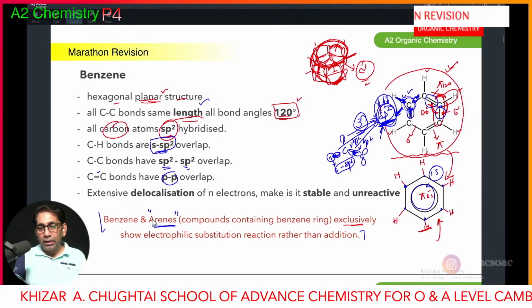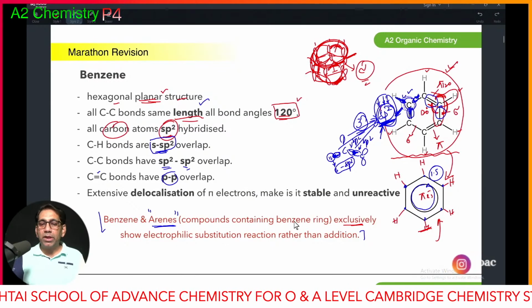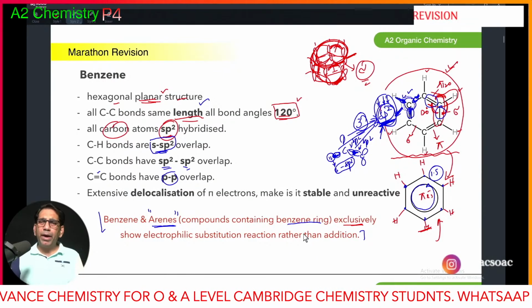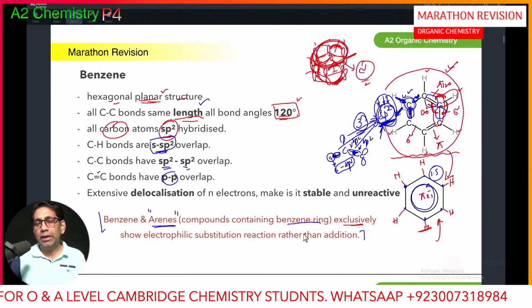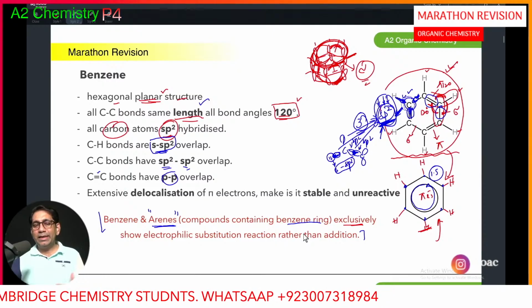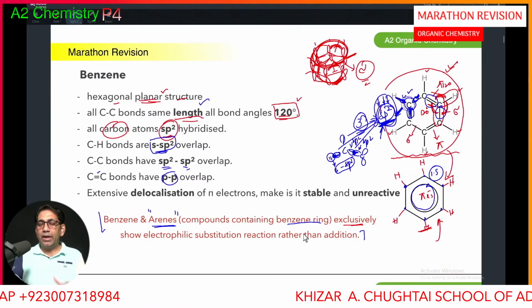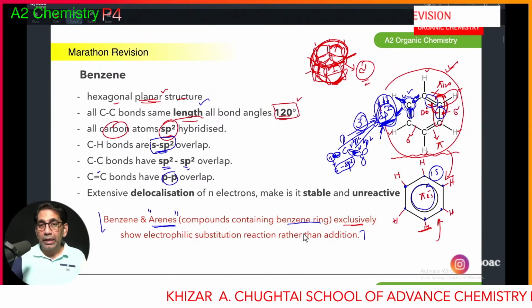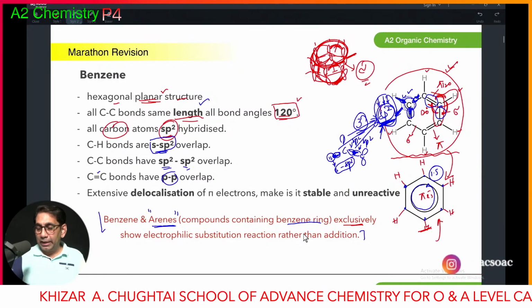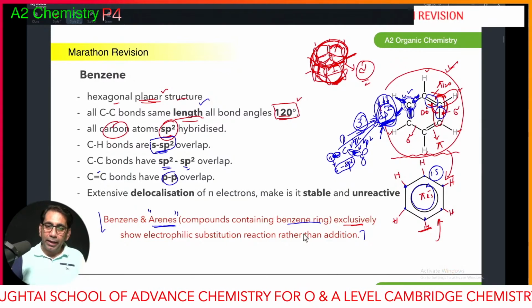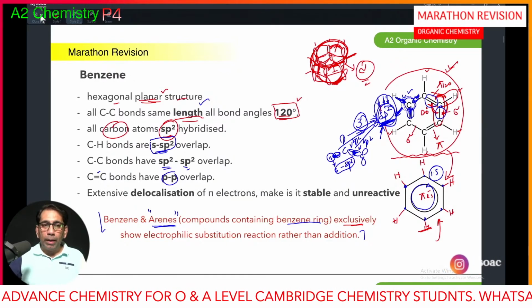What are arenes? Arenes are compounds having a benzene ring. Any organic compound having a benzene ring can be called an arene, as far as your syllabus is concerned. So arenes as well as benzene both have a special character called aromatic character.